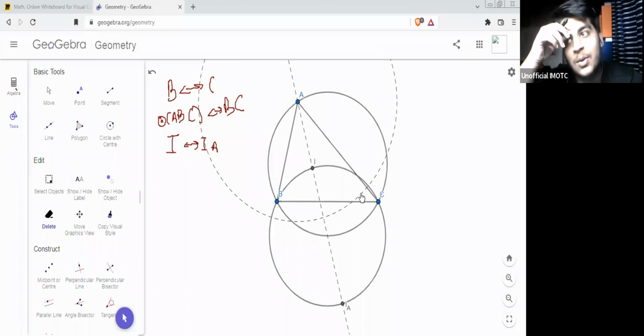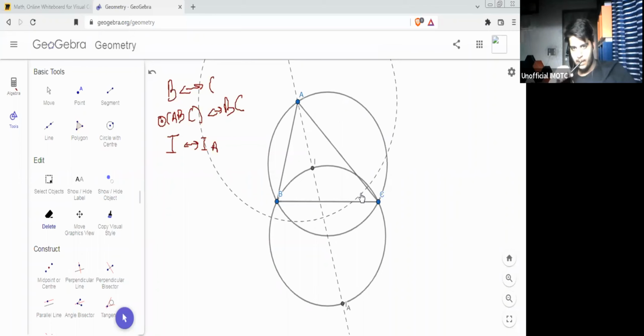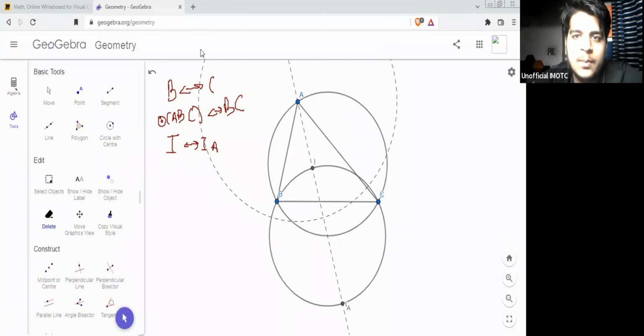Okay, people, let me recall the other properties. Where will the midpoint of BC go to?